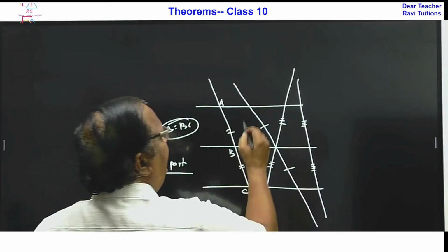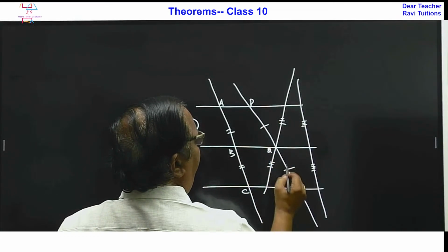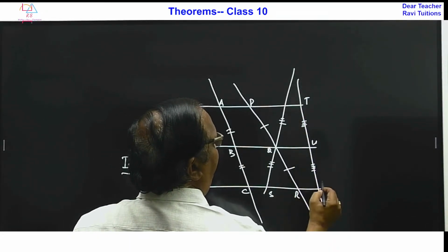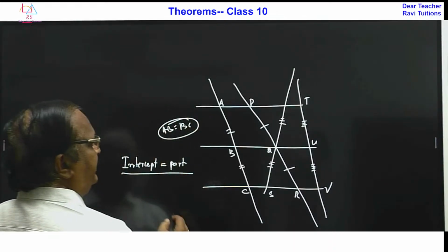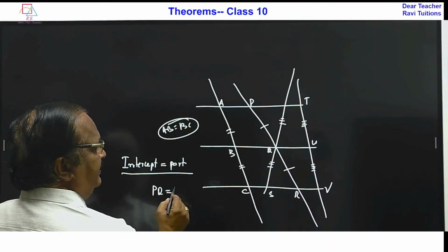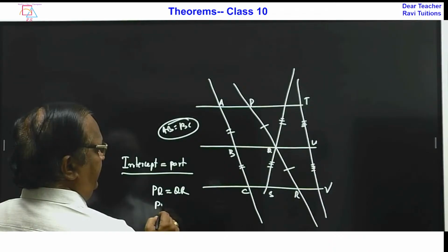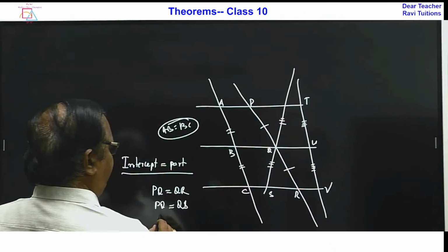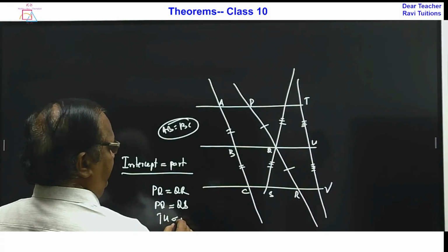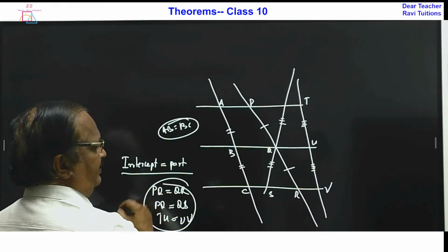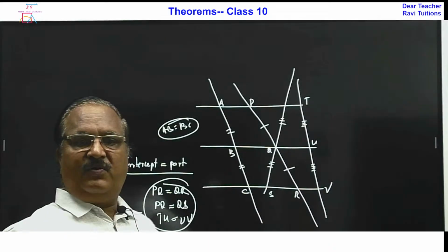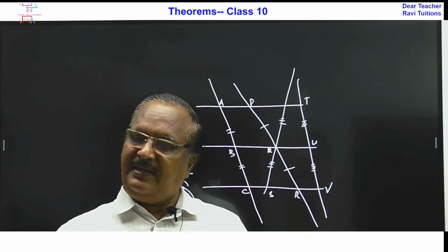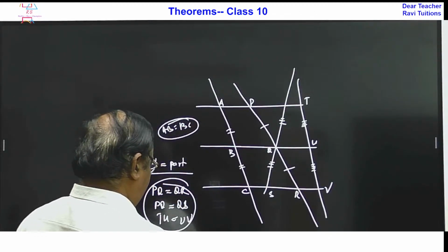Then automatically say this is P, Q, R, S, T, U, V. So then what happens? PQ is equal to QR, QR is equal to RS, and TU is equal to UV, whatever. Okay. So this is one more concept I would like to just give you, right? So I think this is okay.